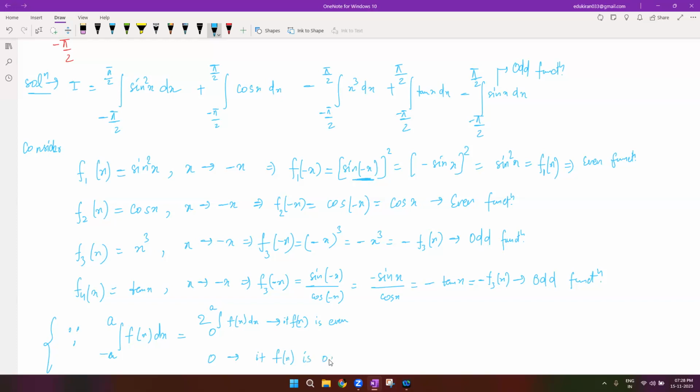So in case of all the odd functions, we can just directly write the answer. So this would be 0, third part, because this is odd. This fourth part will also be 0. Right? So third, fourth, and fifth will be directly cancelled out, and we just need to solve the first and second part.